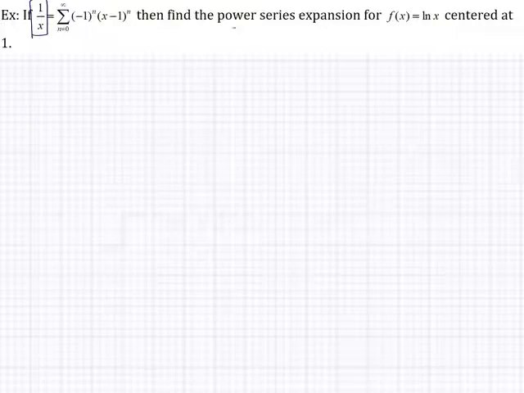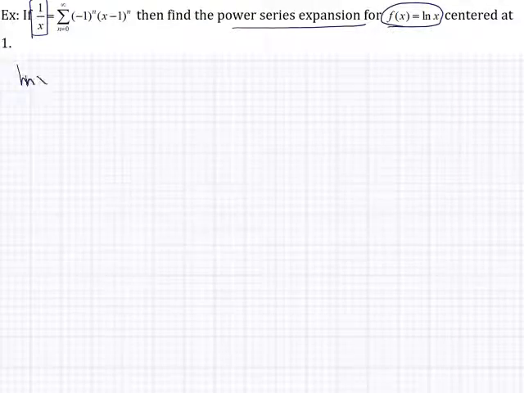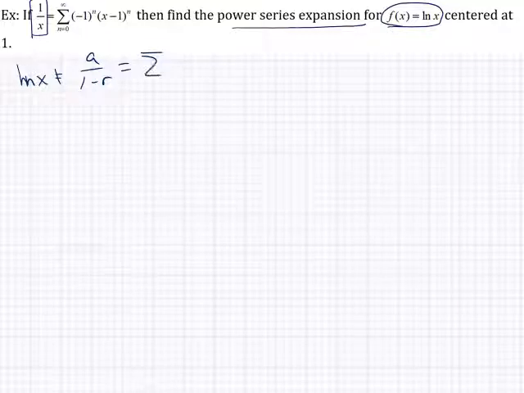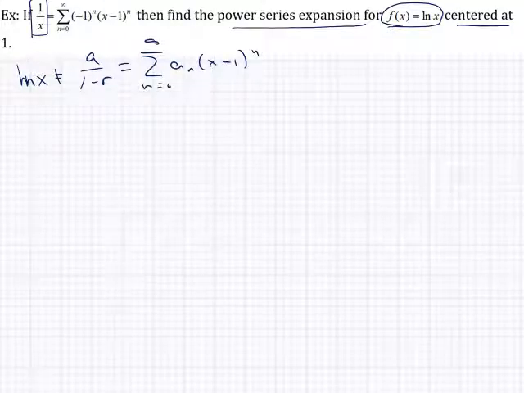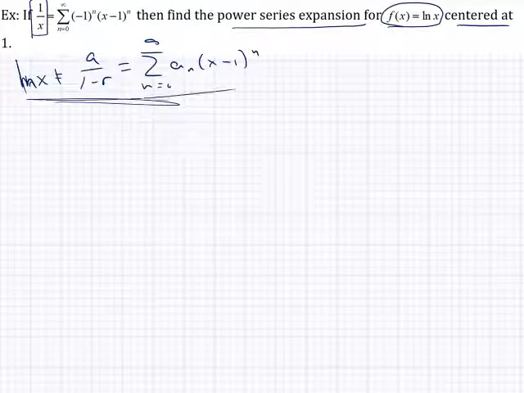But what if I said find the power series expansion for log x? Log x does not look like a over 1 minus r. So trying to come up with a power series centered at 1 for log x is not going to happen through this geometric series concept directly.